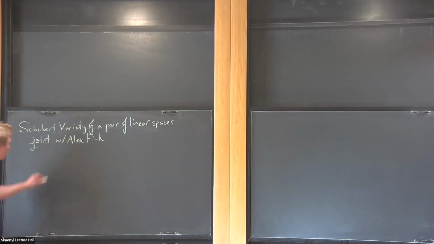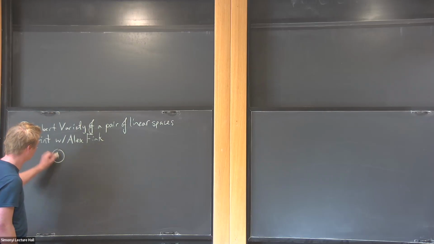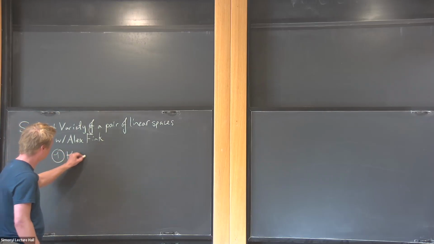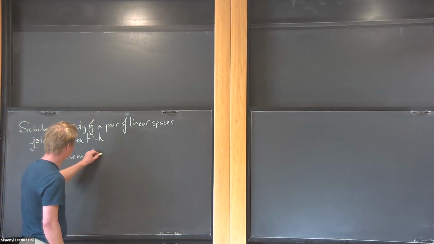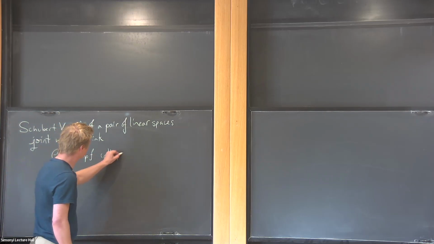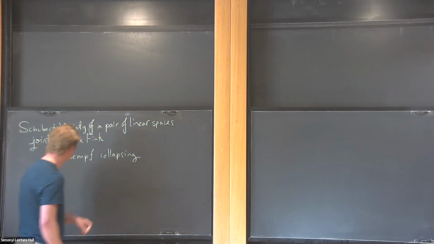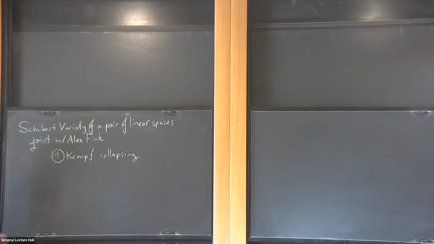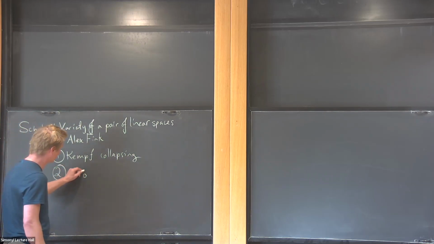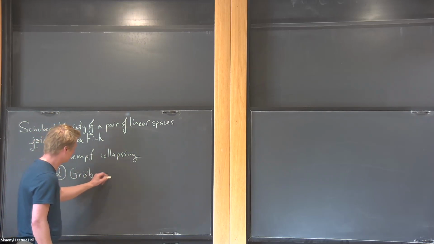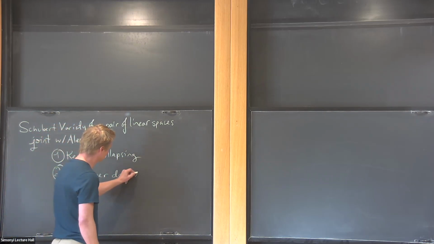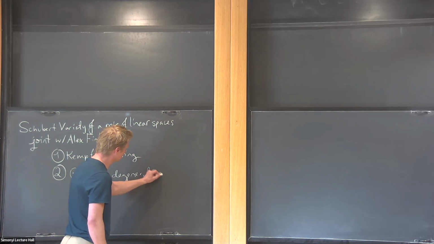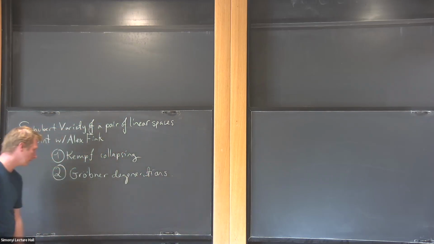The talk is going to have three parts. In the first part, I'm going to talk about Kempf collapsing of vector bundles, and in the second part, I'll talk about Gröbner degenerations of these Kempf collapsings.